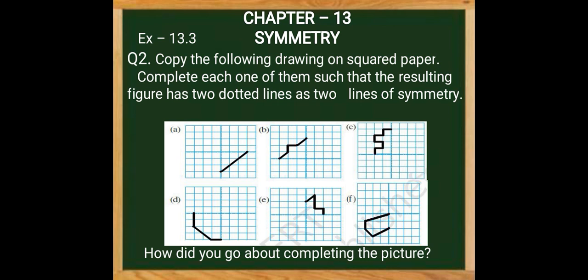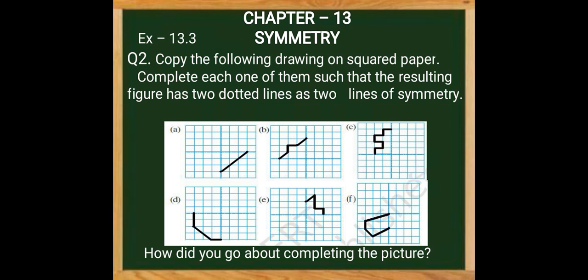They are asking you first to copy these drawings on squared paper. Squared paper, I told you before also, is easily available in your old practical copies. You may use it. Then you are supposed to copy these figures on your squared paper.